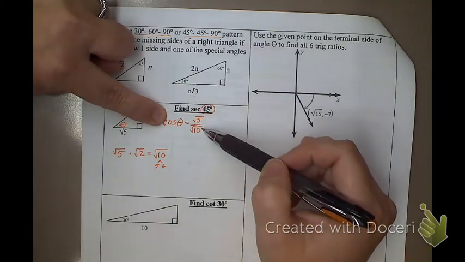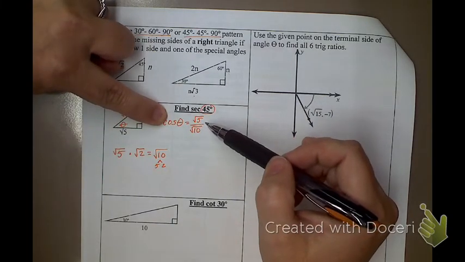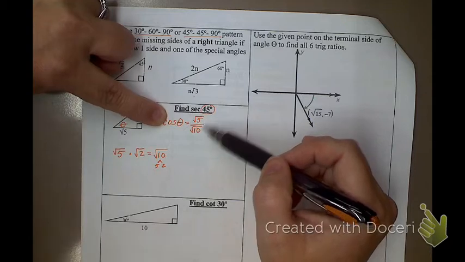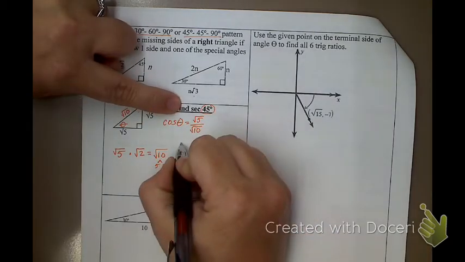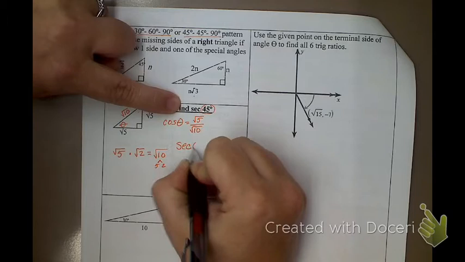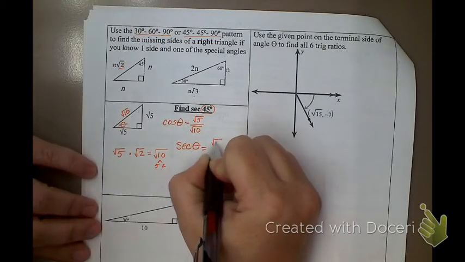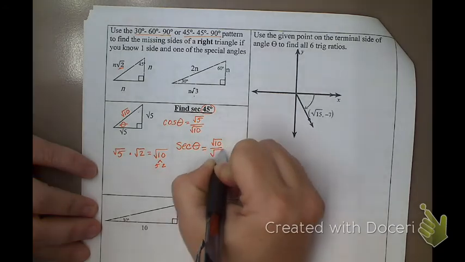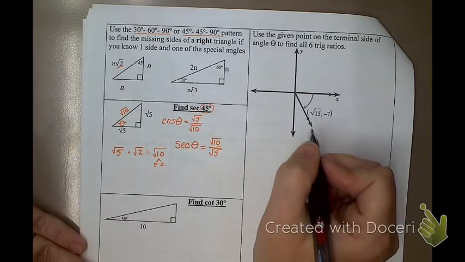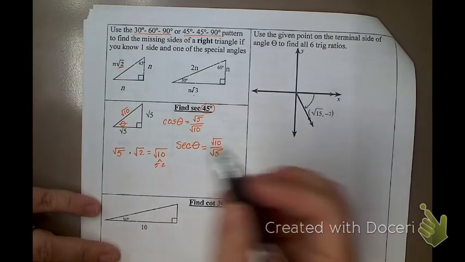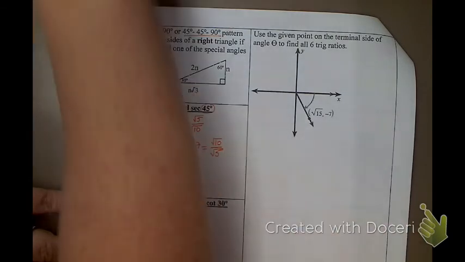If it was my answer, I'd have to deal with the radicals. I'm not going to deal with the radicals any more than I need to, so I'm going to wait until I get the secant. Secant of theta is the reciprocal of this. That would be radical 10 over radical 5. Our radical simplifying rule says you can simplify inside with inside and outside with outside.